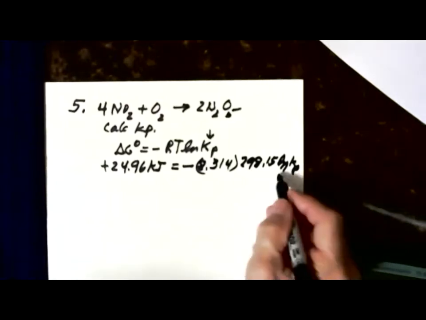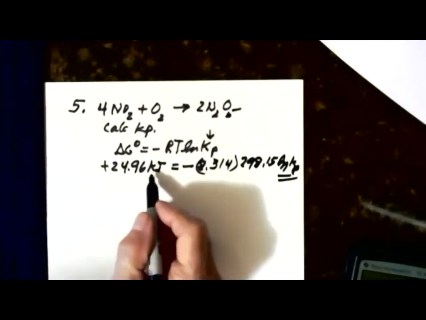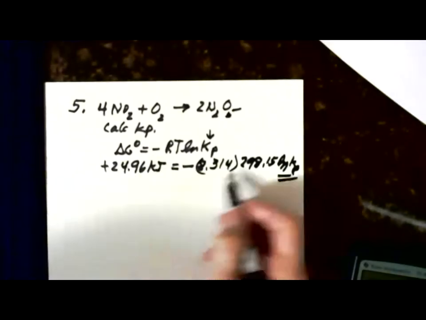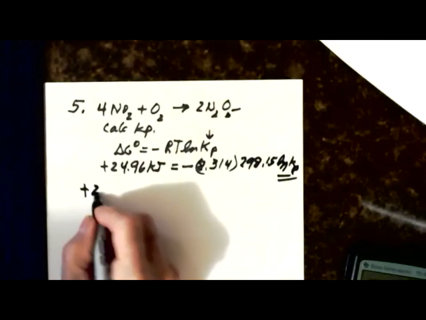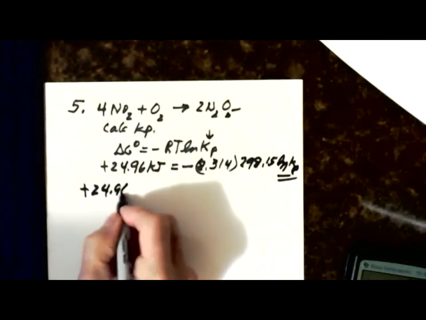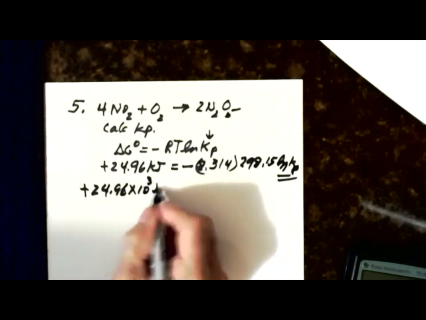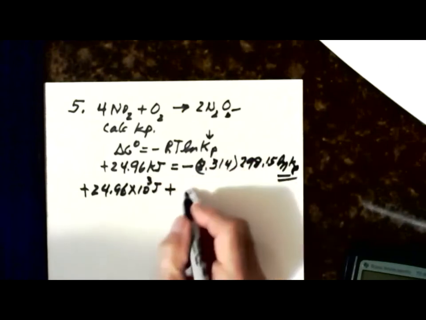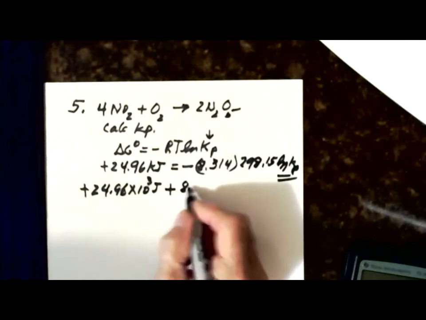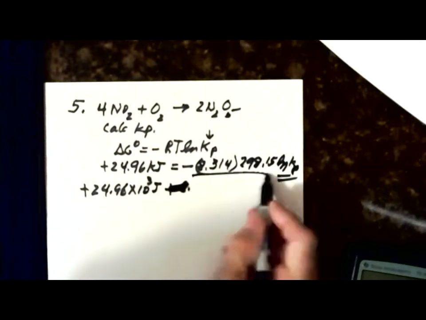Okay, so ln of Kp I can solve for now, but let's do the math. I'm going to take the plus 24.96 times 10 to the third joules, moving this across, I got to divide by that.